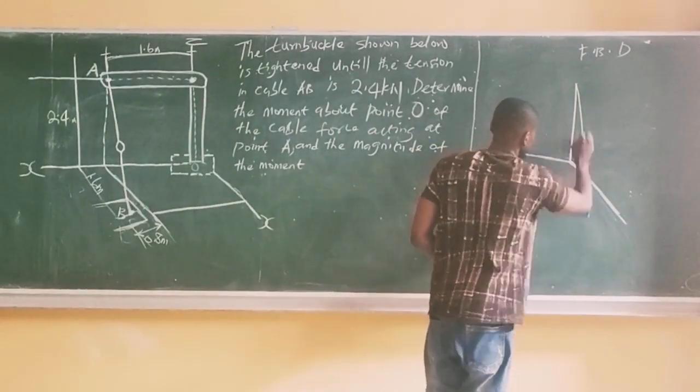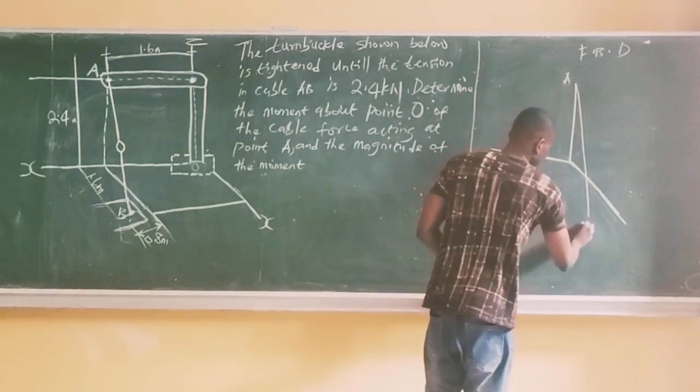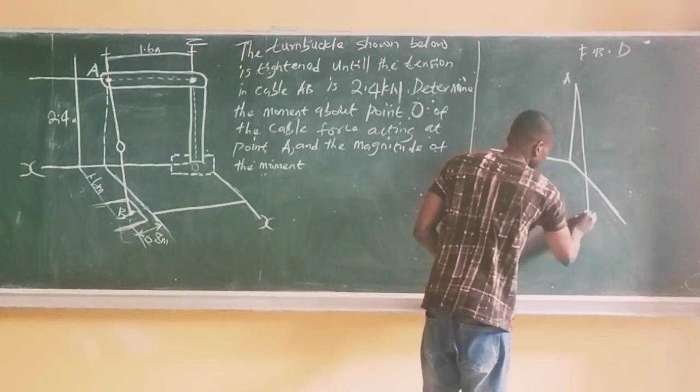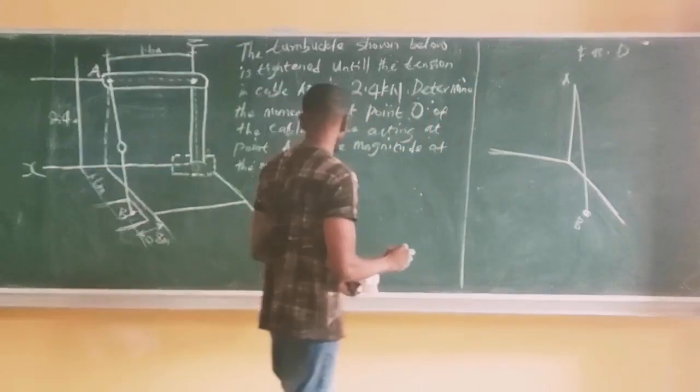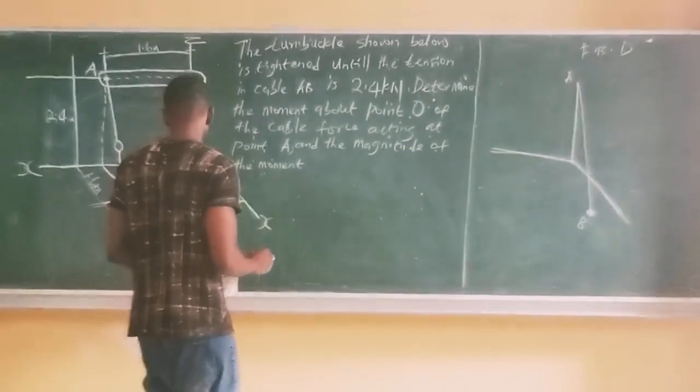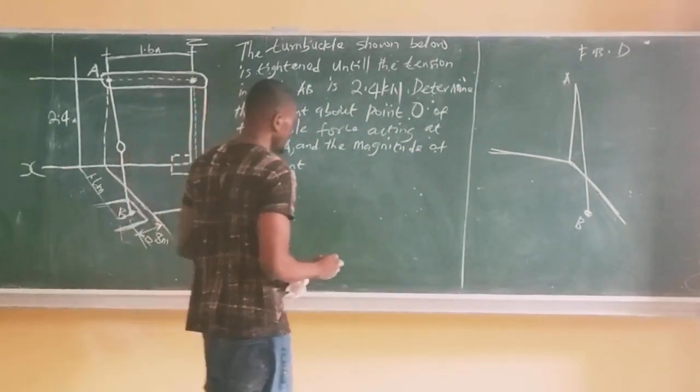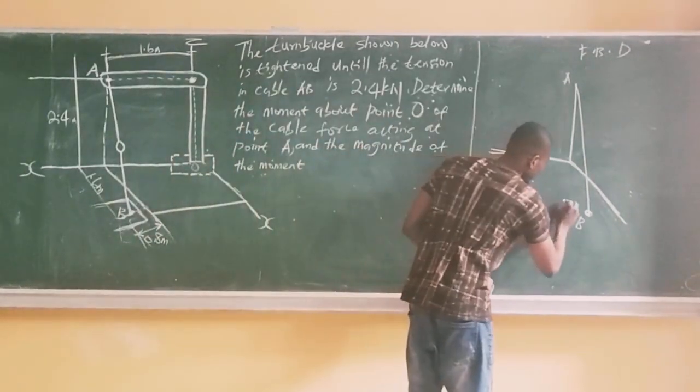Around this is point A, and this is point B. We have a cable around here.